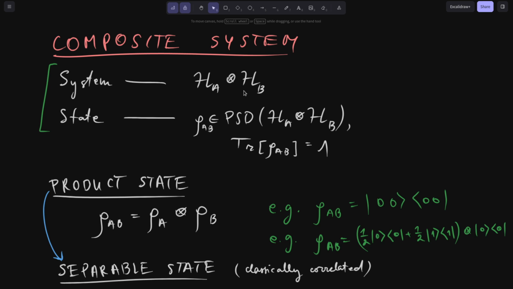But again, it's a matrix that is Hermitian, and its eigenvalues are all real. It's a property for Hermitians. And also eigenvalues are all positive, not negative, could be 0. The trace is 1. That's why we can say that the eigenvalues are probabilities, because they sum up to 1.